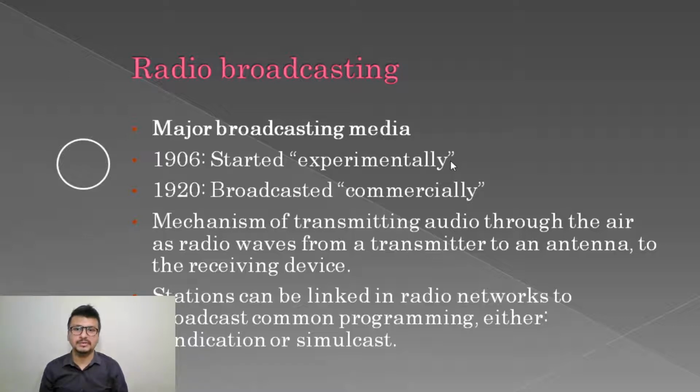In 1920, it was broadcast commercially. Then the mechanism of transmitting audio through the air as a radio wave from the transmitter to the antenna to the receiving device. Then stations can be linked in radio networks to broadcast common programming, either syndication or simulcast.